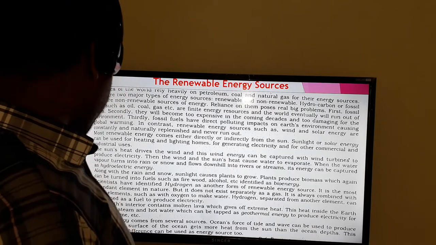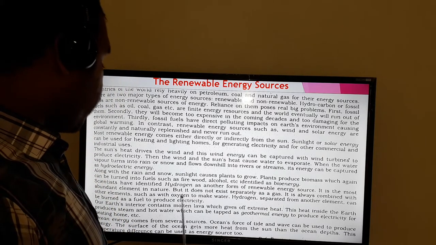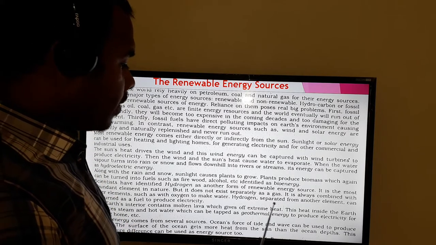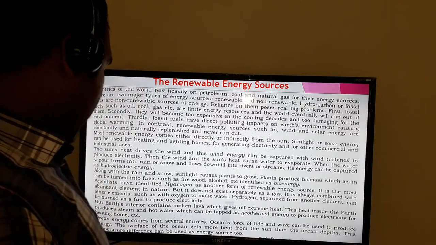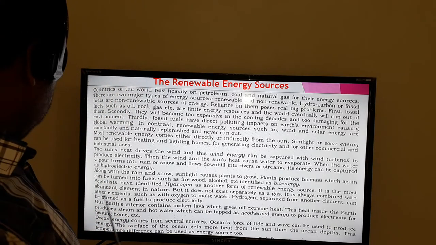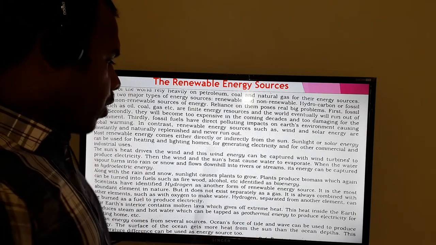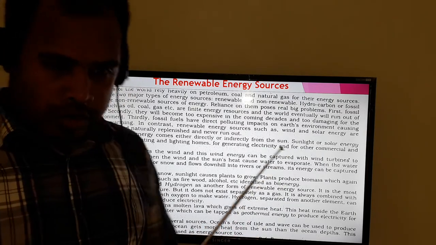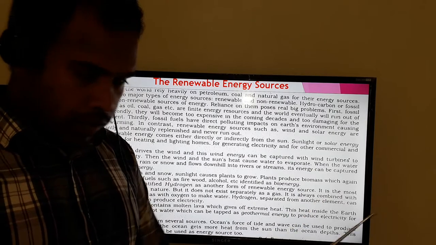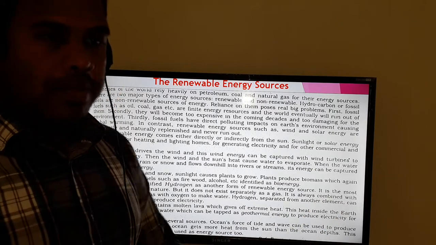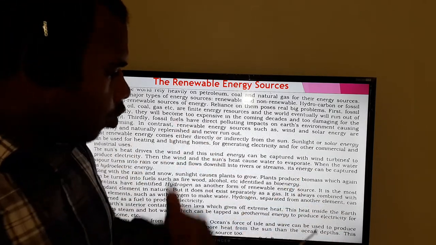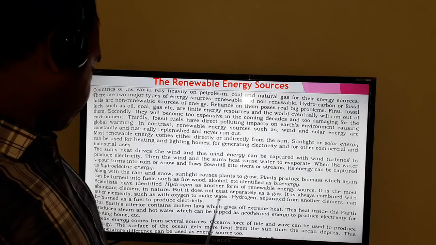It is always combined with other elements, such as with oxygen to make water. Hydrogen separated from another element can be used as fuel to produce electricity. So dear students, hydrogen is available, but it is not separated. It has been mixed with oxygen, nitrogen and other things available in nature. You have to separate it.